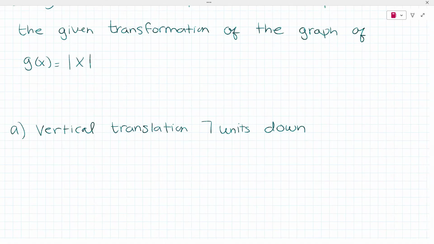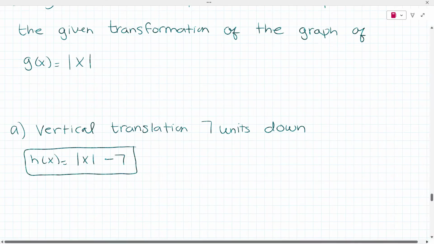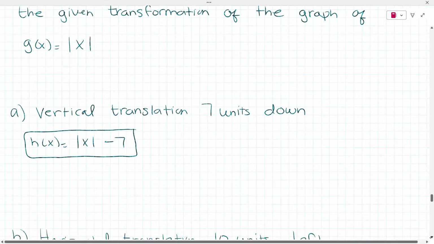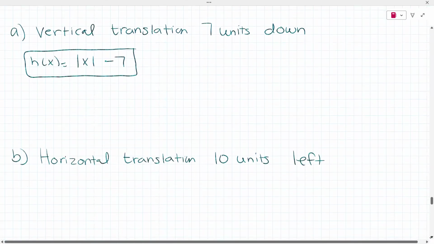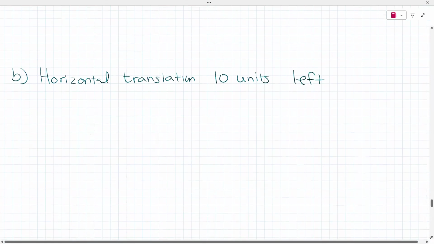So maybe we'll call it h of x, and then there's no horizontal shift, so it's still going to be absolute value of x. And then a vertical translation of 7 units down is just going to be minus 7. Okay. B, horizontal shift 10 units to the left, so that is related to the absolute value.